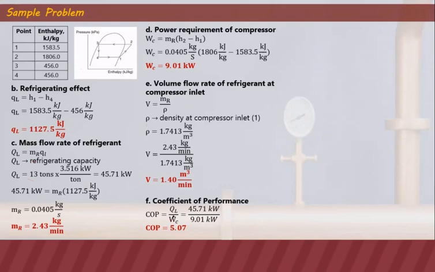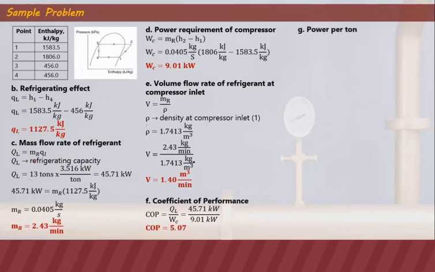Or is it vice versa? It should be that the COP is telling us that the refrigerating effect is 5 times the amount of energy that you use for this refrigeration system.